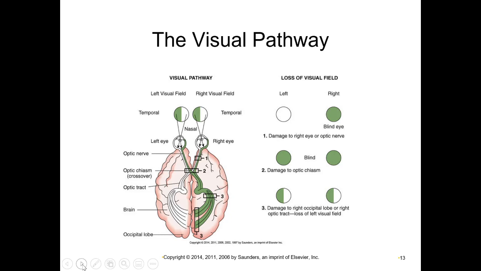So this is a great little diagram that shows you visual field loss based on the nerve and how the damage is perceived here. You see the crossover, the optic chiasm, the tracks.